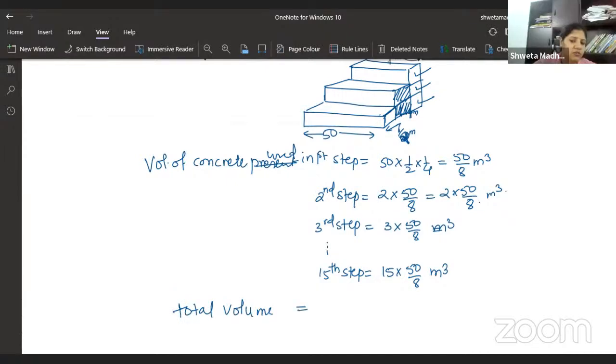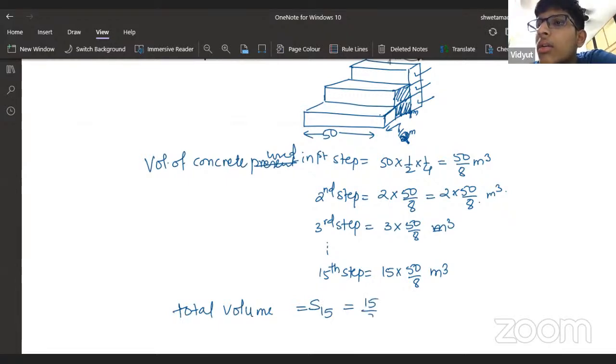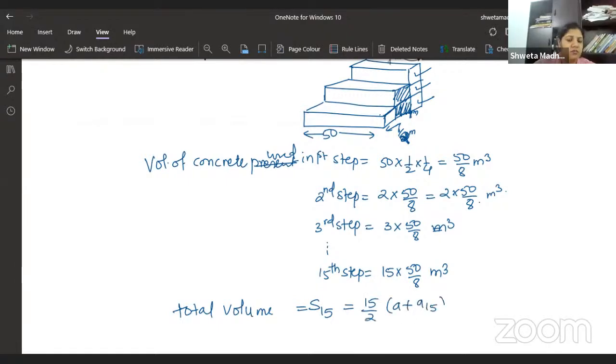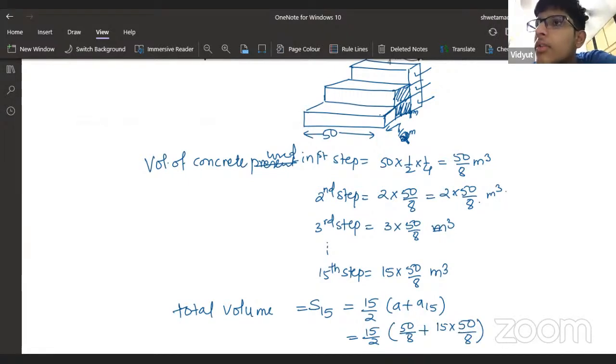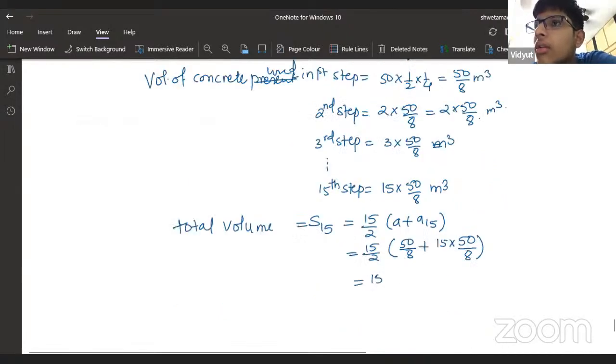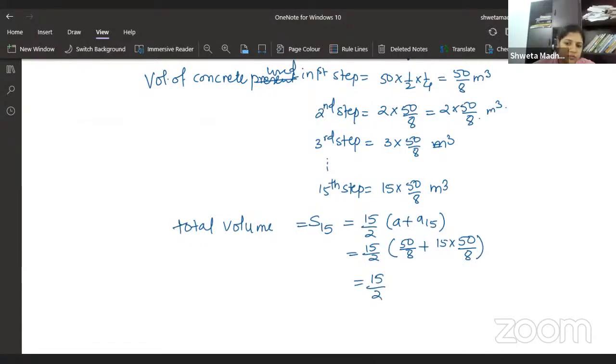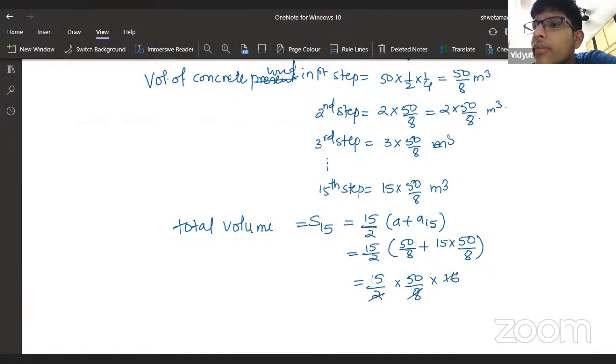That is equal to the sum S15, which is equal to 15/2 into A plus A15. 15/2 into A is 50/8, plus the 15th is 15 into 50/8. So 50/8 common: 15/2 into 50/8 into 16. Okay, so we can cancel it. We got 750.